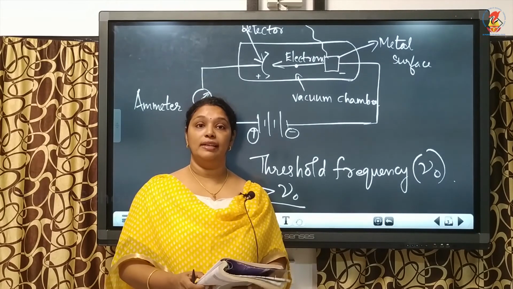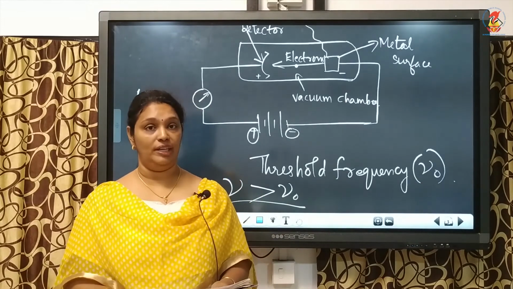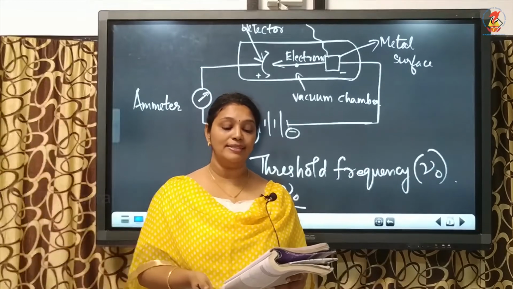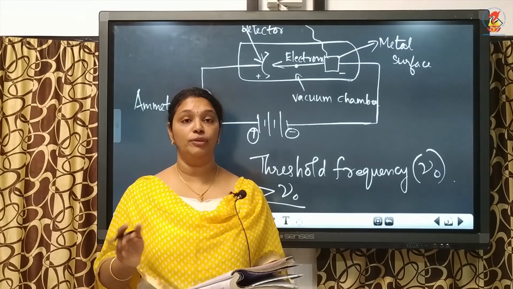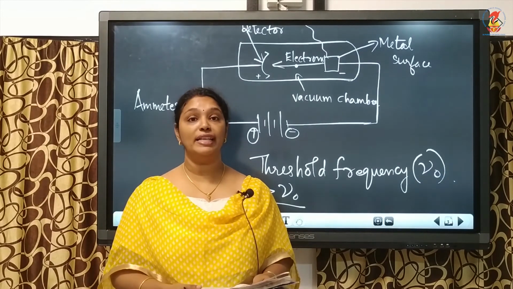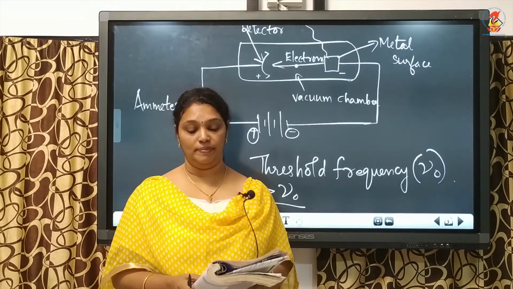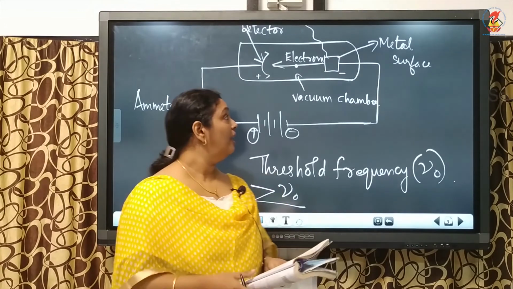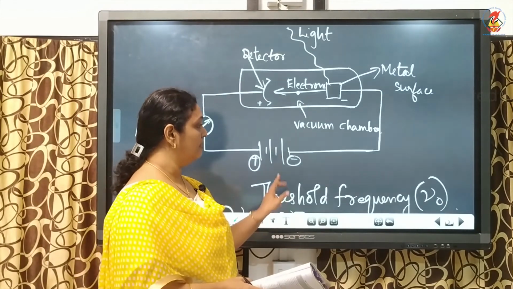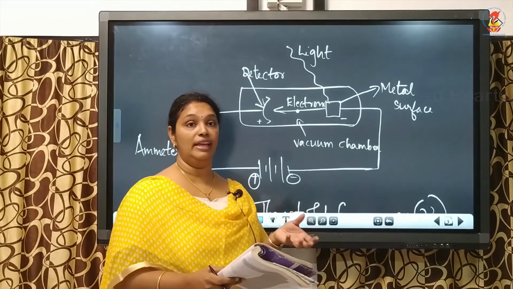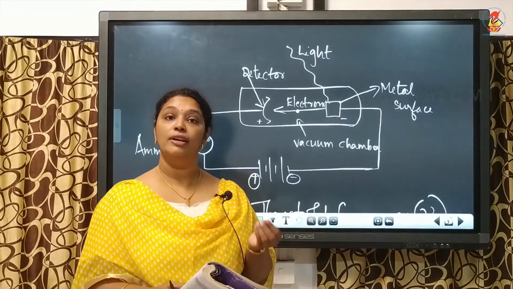Now let's see the explanation for photoelectric effect. Einstein was able to explain the photoelectric effect using Planck's quantum theory of radiation. The quantum of energy in case of light is known as photon.